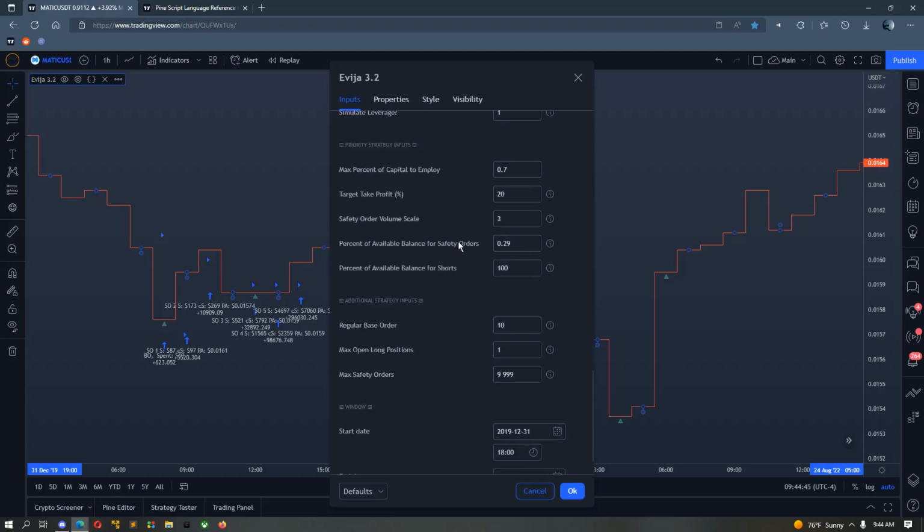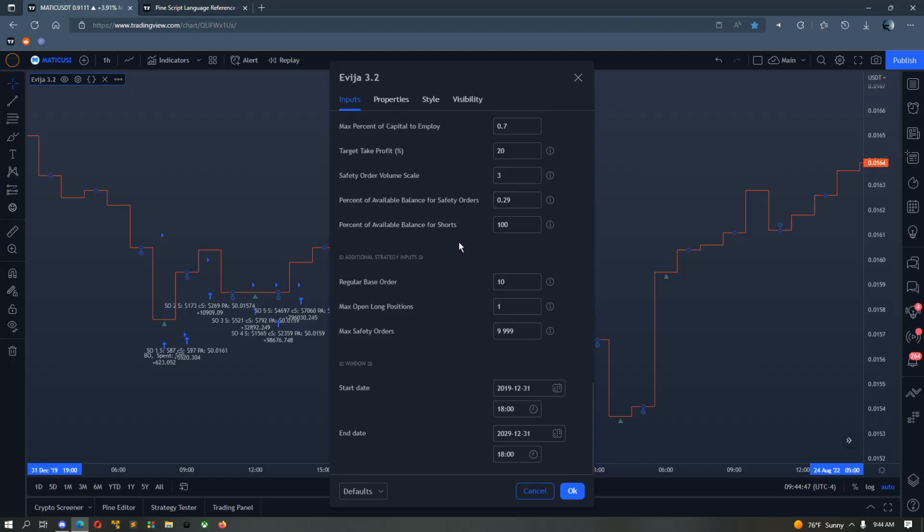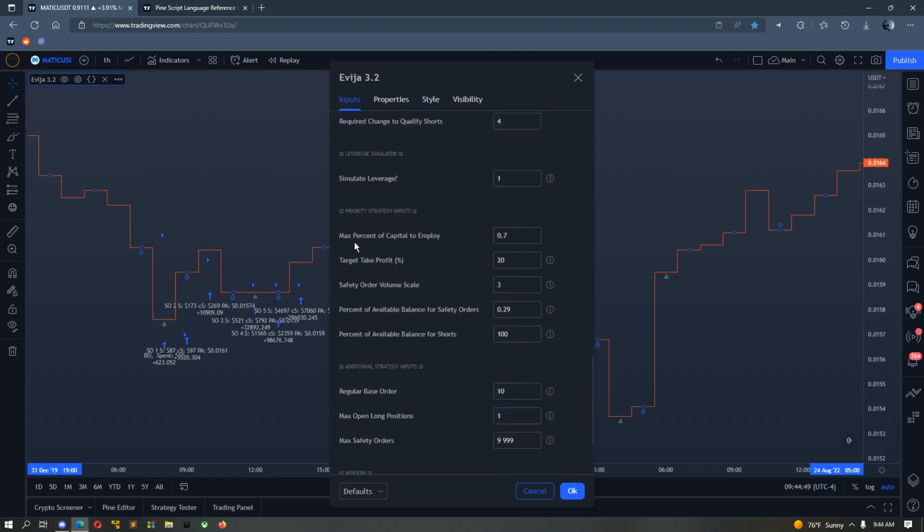But I'm talking about risk, and so the most natural way to handle risk is the max percent of capital to employ. So this is literally saying I only want to use 70% of my available balance.